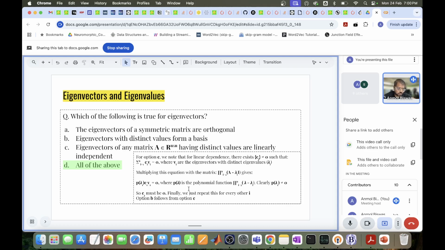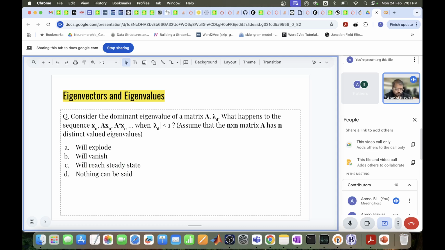And the maximal linearly independent set in R^n will obviously have n elements, and it will form a basis, right? So option B follows from option C. Option C we have shown through this proof technique, right? And option A we have already seen, right? So that's why the answer is all of the above.